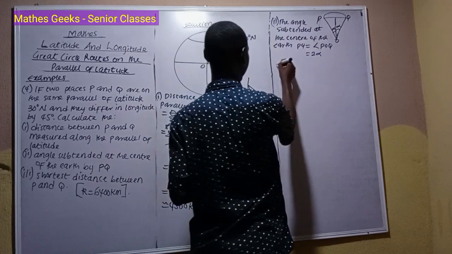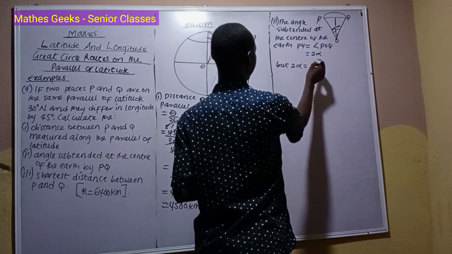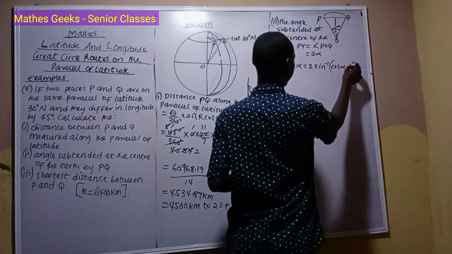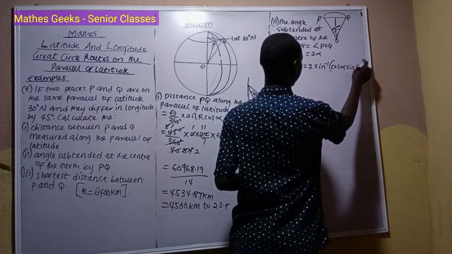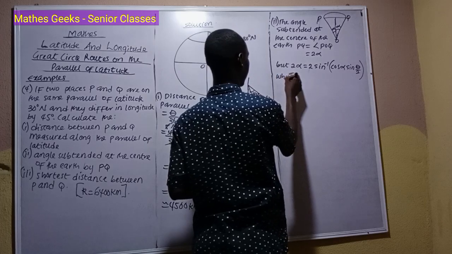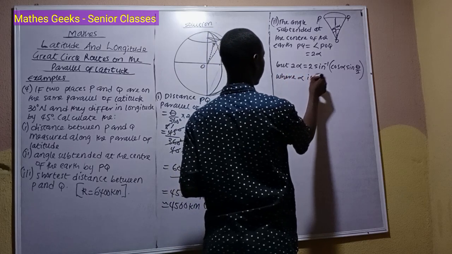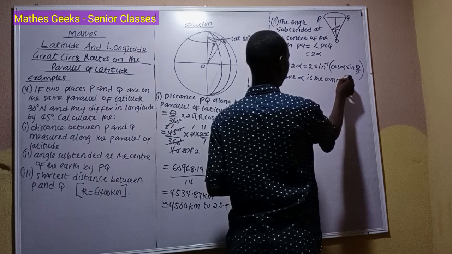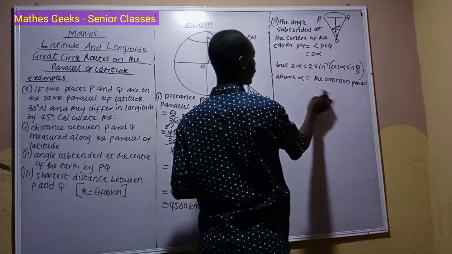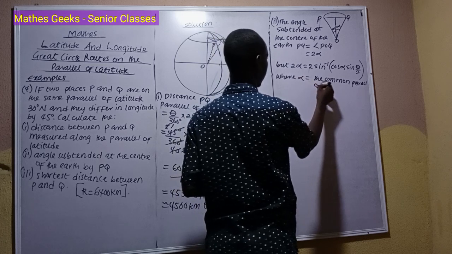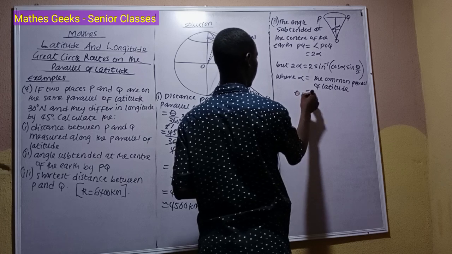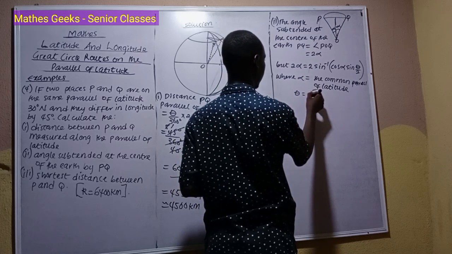So 2 alpha is equal to 2 arc sine cos alpha sine theta over 2, where alpha is the common parallel of latitude and theta is the angular difference.